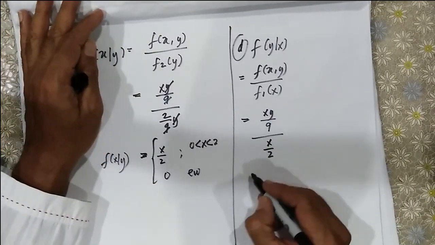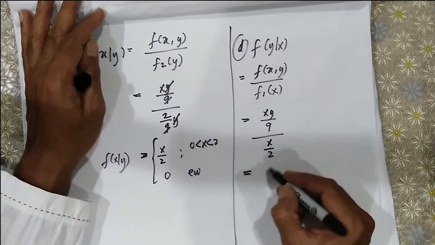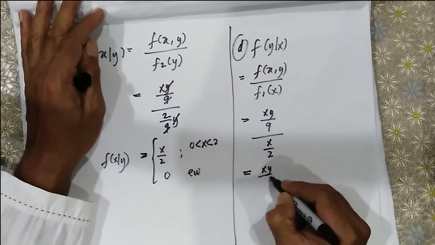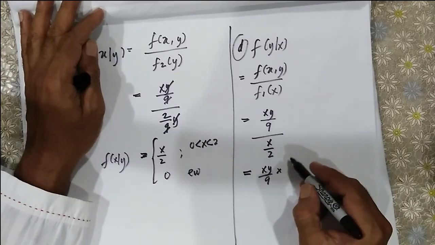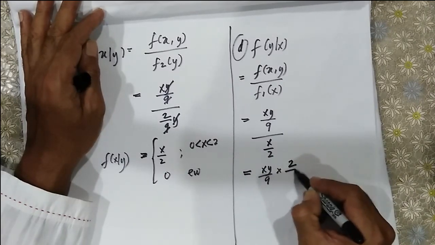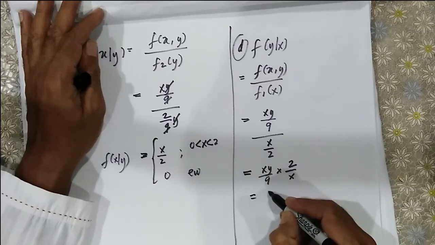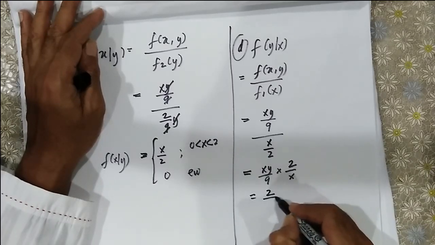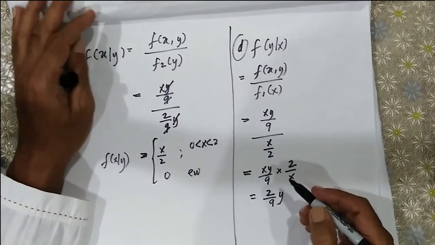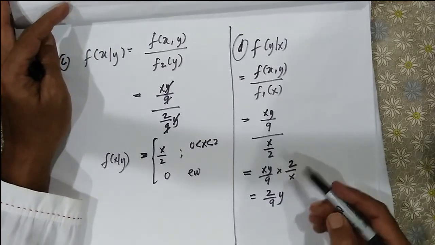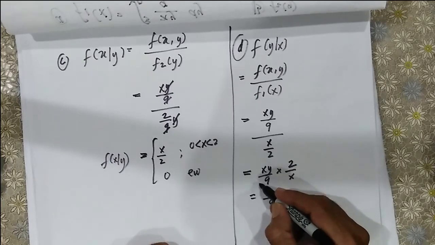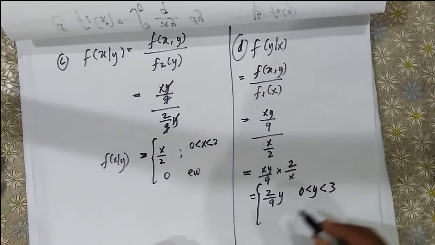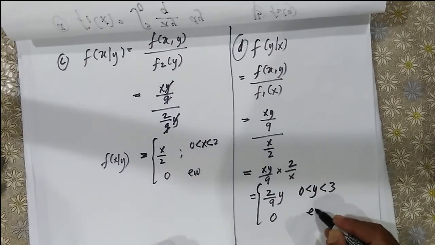So this will give me the result of xy over 9 multiplied by 2 over x, which is equal to 2y over 9. This is the final answer for the conditional of y given x, and you write 0 elsewhere.